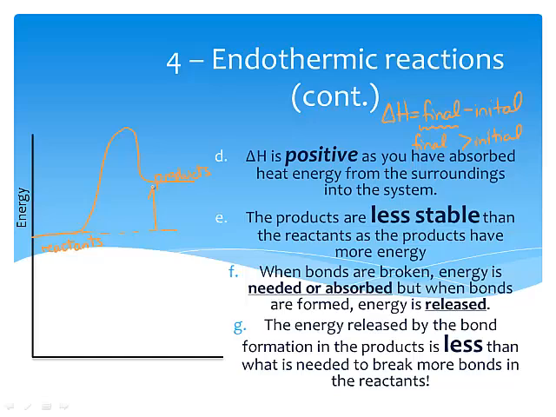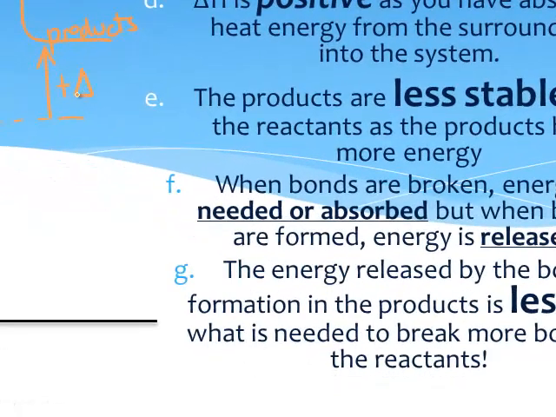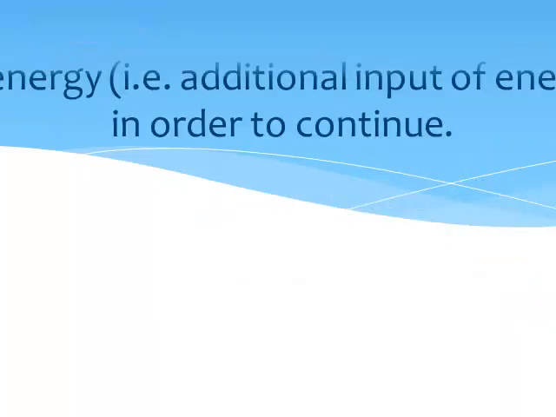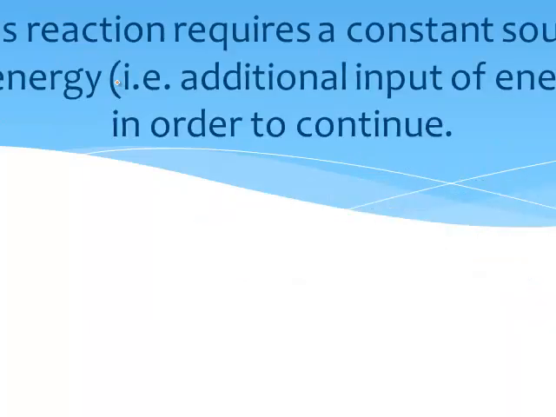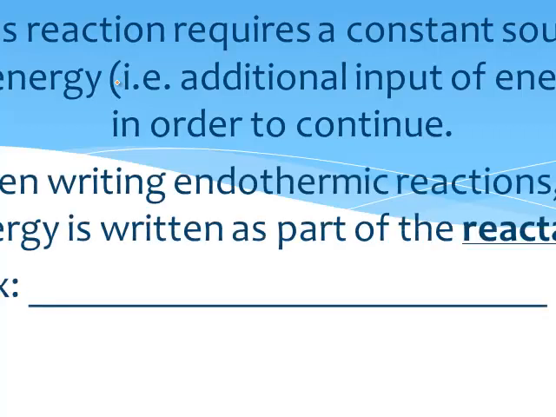So on our diagram, we would see that our delta H value here is positive. Now, because the energy that is released is less than the energy that it would take to break more bonds, a constant source of energy needs to be supplied in order for these reactions to continue. If you don't continue to supply the reaction with energy, then the reaction will stop.